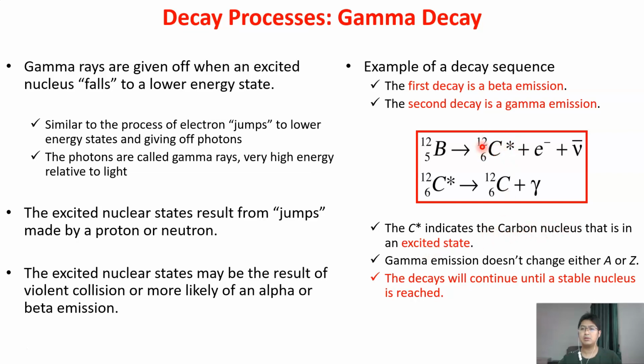So during the beta emission, it produces the excited carbon nucleus, and then this excited carbon nucleus must be stabilized. How to stabilize the excited carbon nucleus? We need to emit the gamma ray during the second decay. The decays will continue until a stable nucleus is reached.